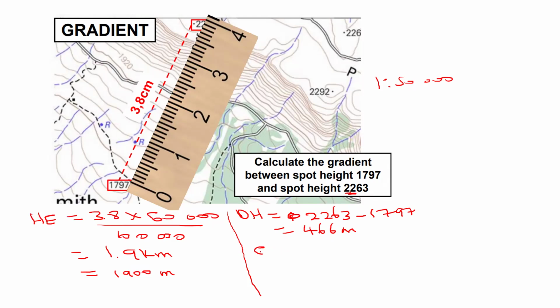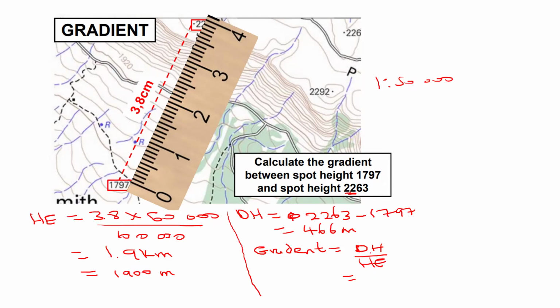And then I say now my gradient, the formula, will be my difference in height. You'll write it in full and then divide by the horizontal distance.